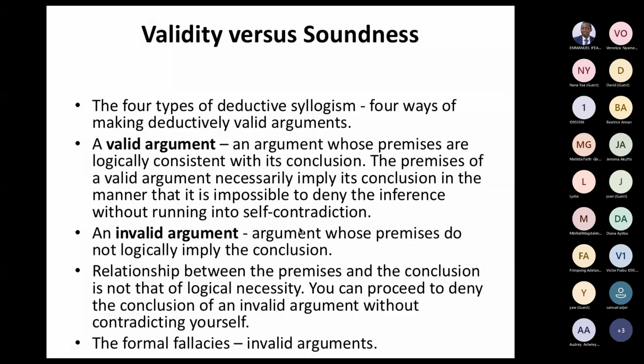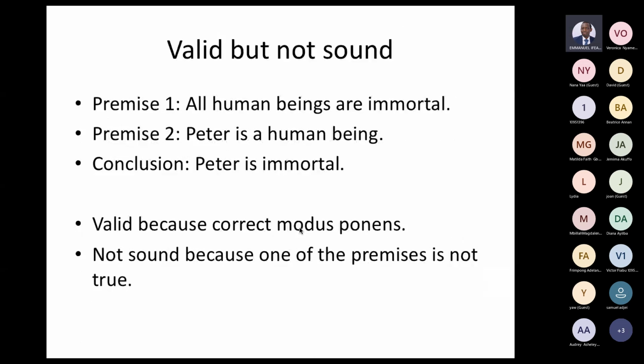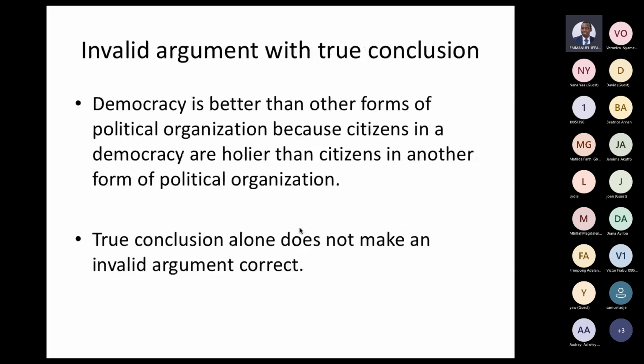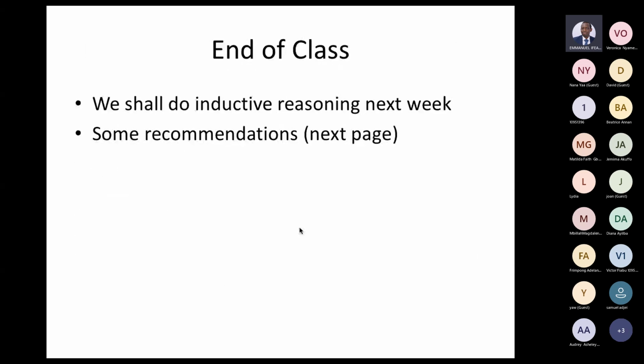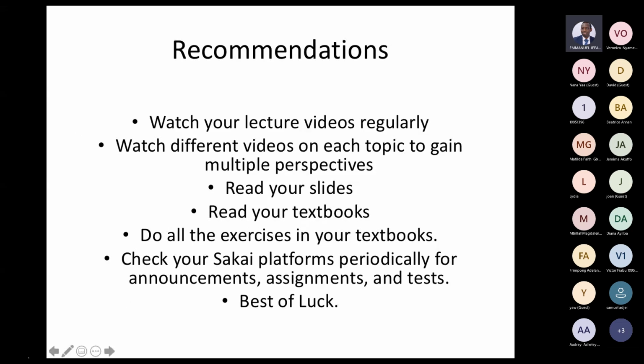But if the argument is not true, because there are some falsehoods in the premises, then it is not a sound argument. So that was the whole point of this section. And then with that, we concluded. Then we saw the inductive arguments.